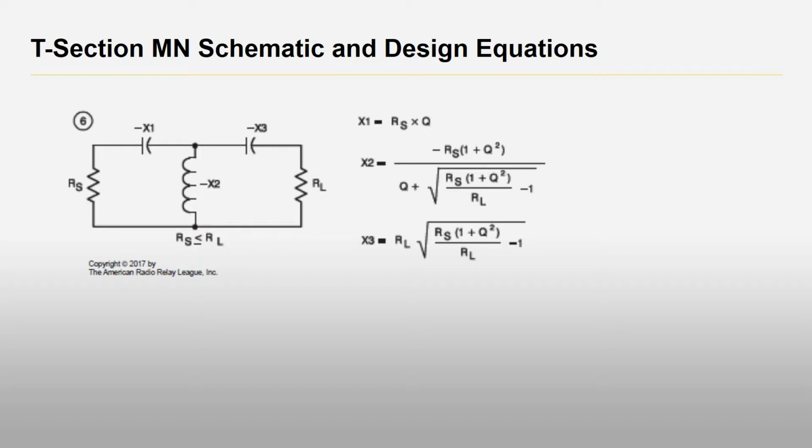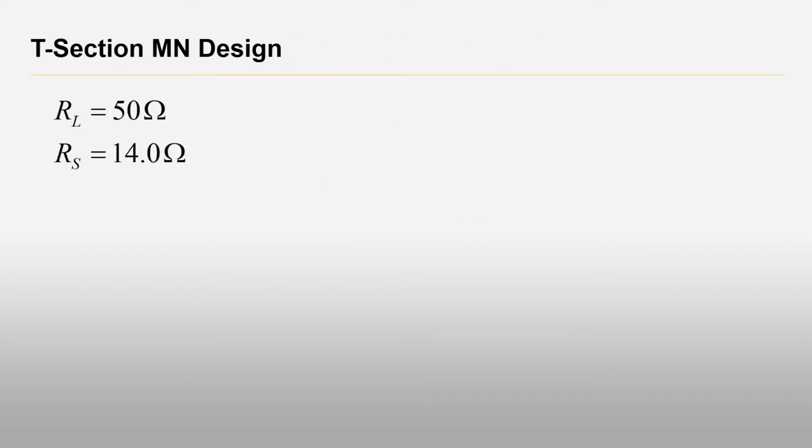Now let's look at our T-section matching network and the design equations. One thing I should note is that for the T-section, I can identify R_L as 50 ohms and R_S is equal to 14.0 ohms, but additionally, X1 prime is equal to 91.7 ohms.